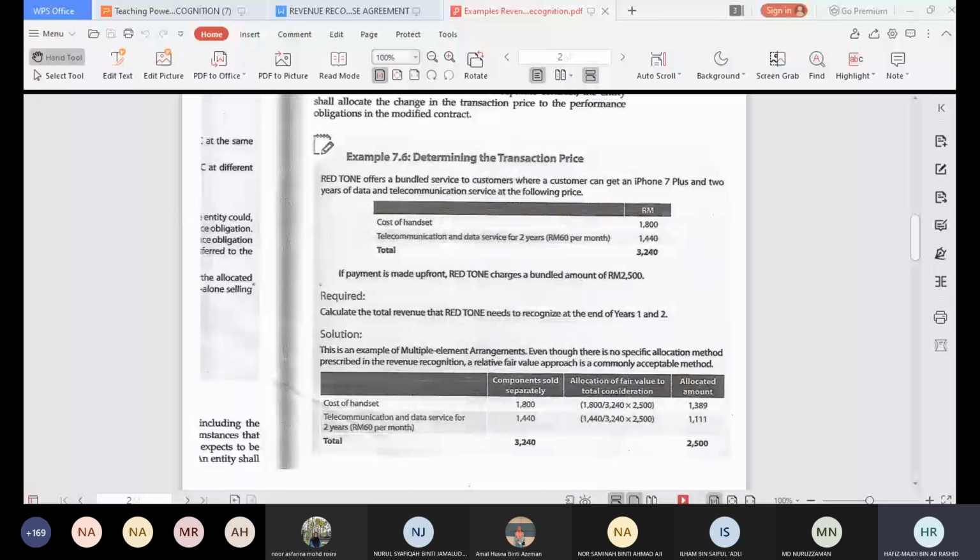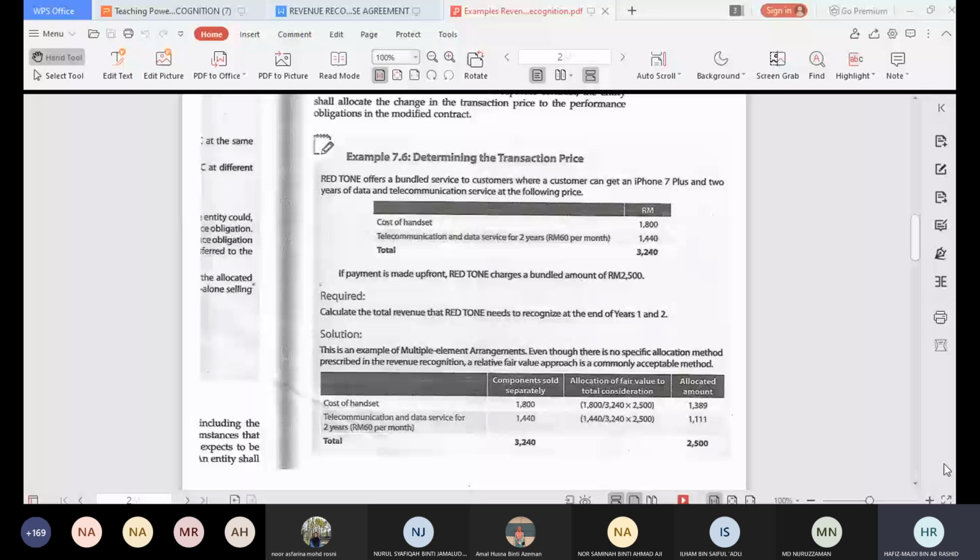For example, if you look at the table at the bottom of the page, the standalone price of the handset is 1,800, multiplied by the total package price, divided by the total standalone prices of both, which is 3,240. Then you multiply by 2,500, which is equivalent to 1,389.